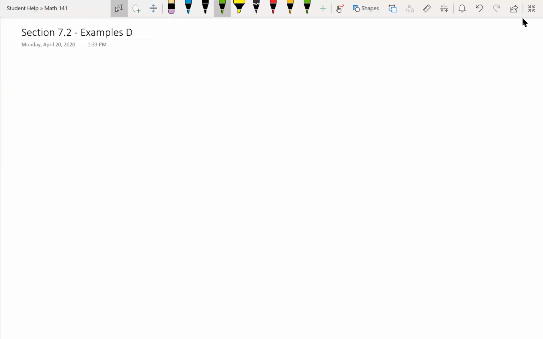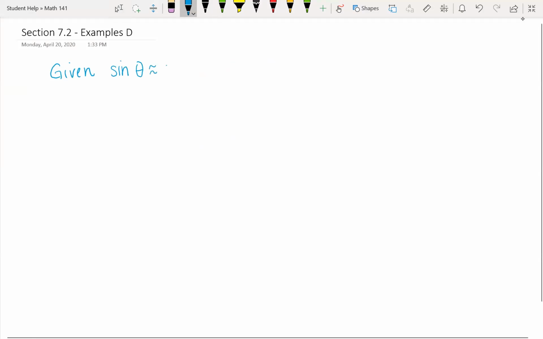In this example, we are given that the sine of an angle is approximately 0.3416, and we want to find the sine of 2 times the angle.